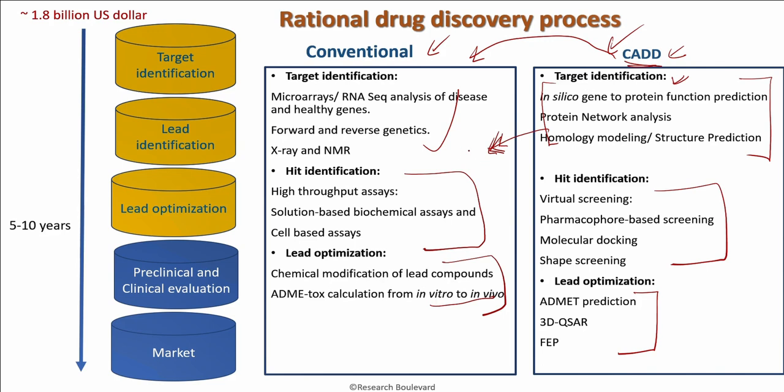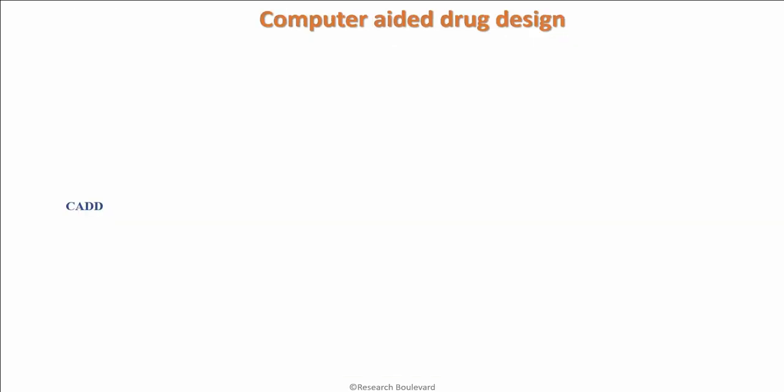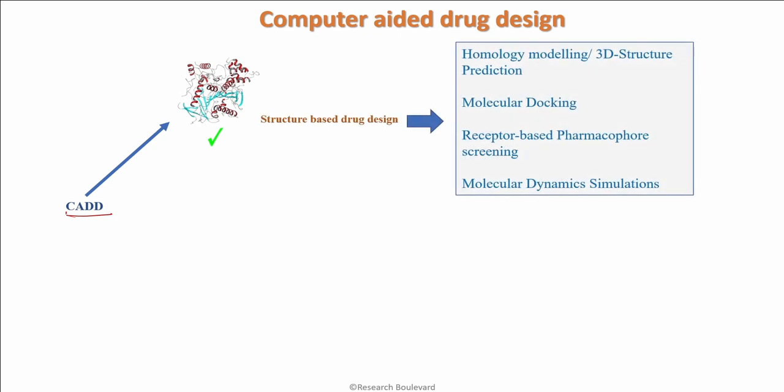Some of the methods are structure prediction methods, molecular docking, receptor-based pharmacophore screening, molecular dynamics simulation, etc. If you are not using the information about the target, it is called ligand-based drug design. 3D QSAR studies, ligand-based pharmacophore modeling, shape-based screening, etc. are some of the methods categorized into ligand-based drug design methods.